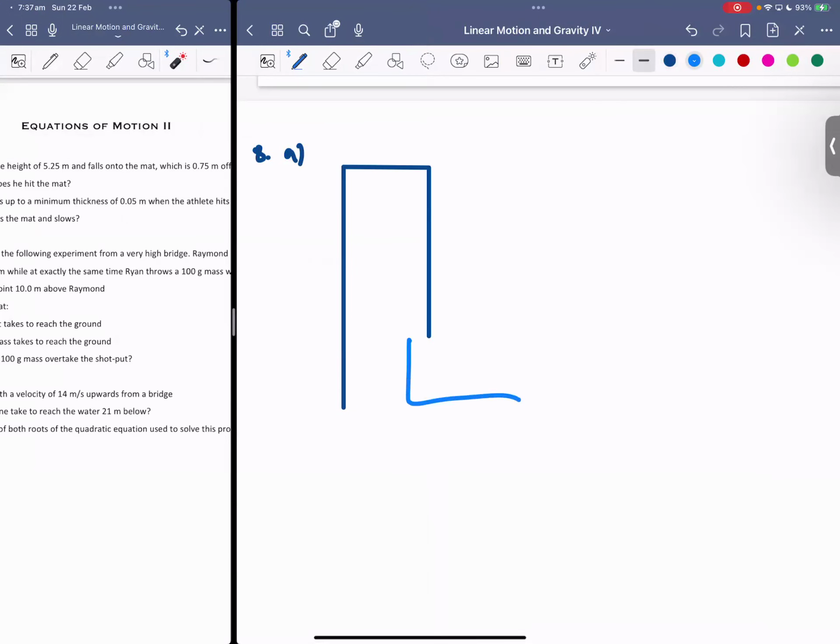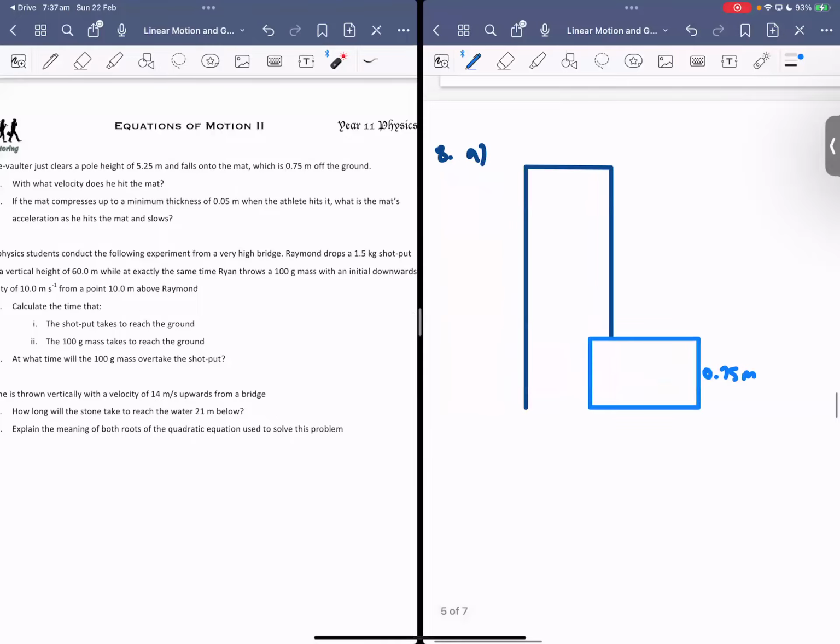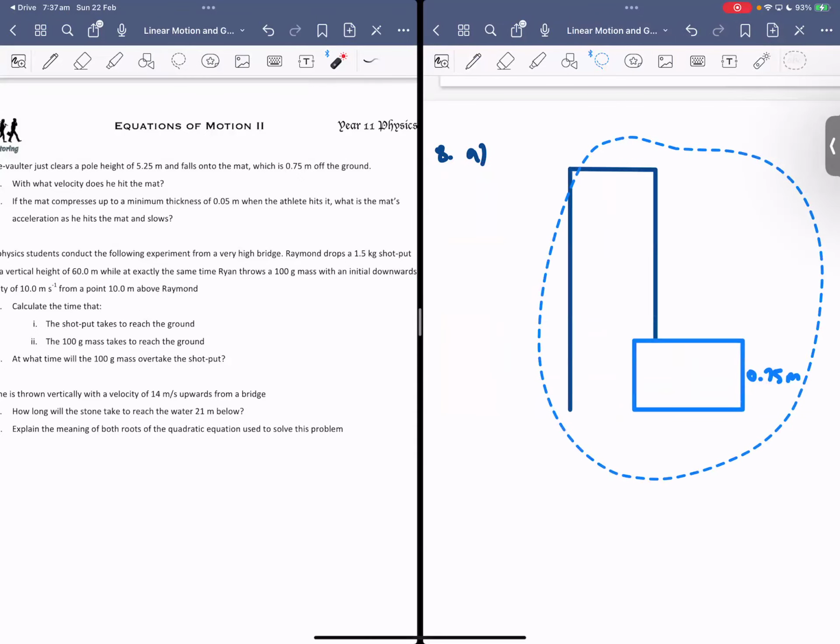The mat's right here, 0.75 meters. That's what the pole vaulter does. He clears a pole of height 5.25 meters.